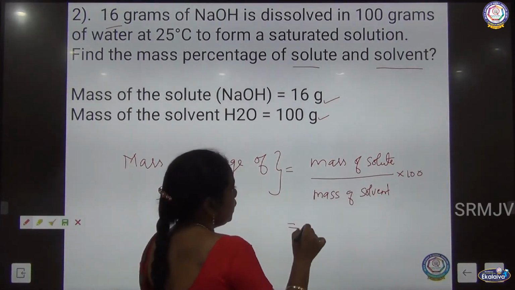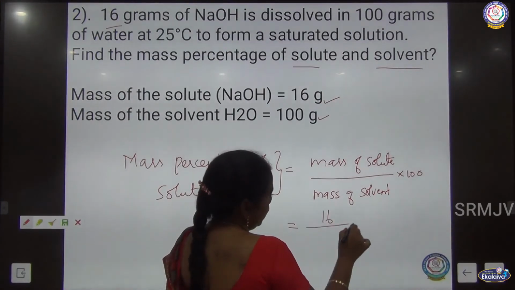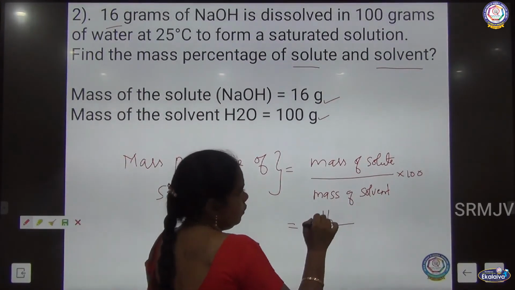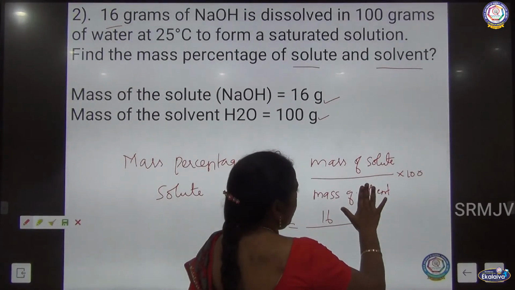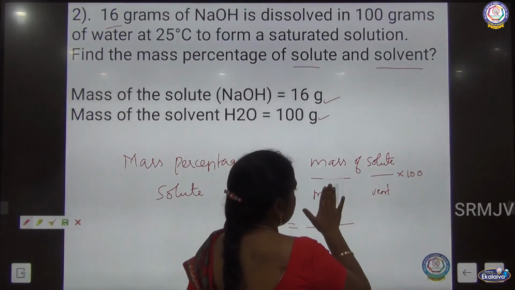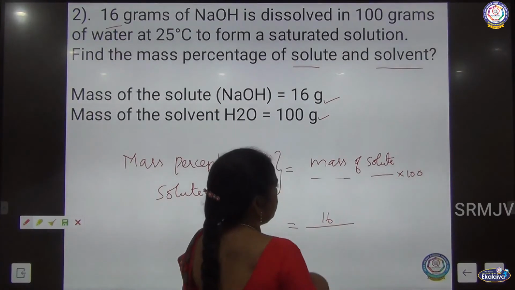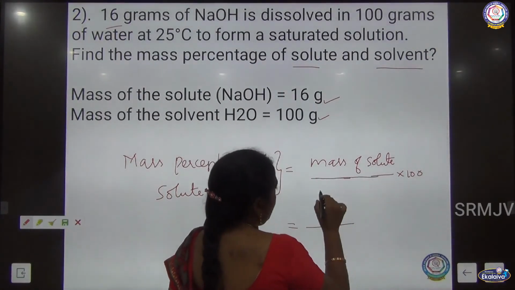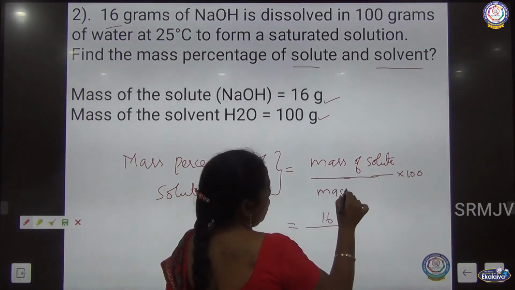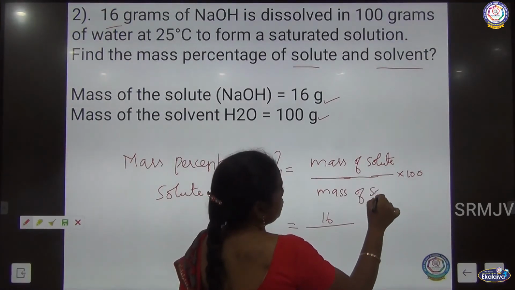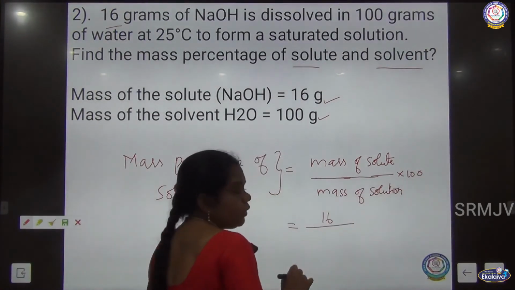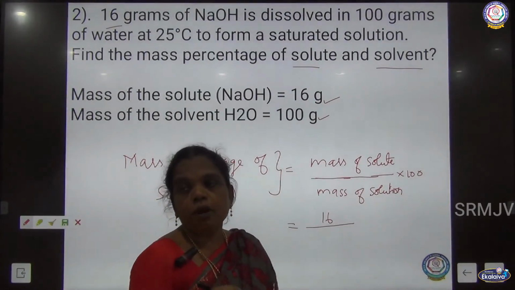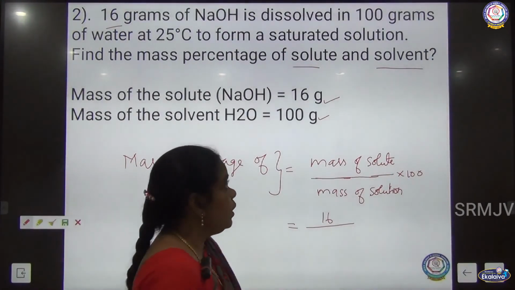It is nothing but 16 divided by mass of, sorry, not solvent, mass of solution. Now you want to write here mass of solution. Mass of solution is nothing but the mass of solute plus mass of solvent.